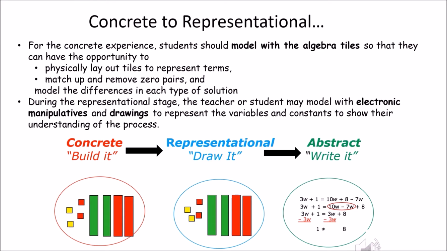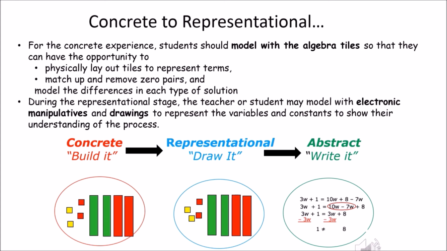Students should have multiple encounters in both the concrete and the representational stage in order to solidify the conceptual understandings of 0 pairs, properties of equalities, and how to move variables and constants across the equal sign while maintaining balance.